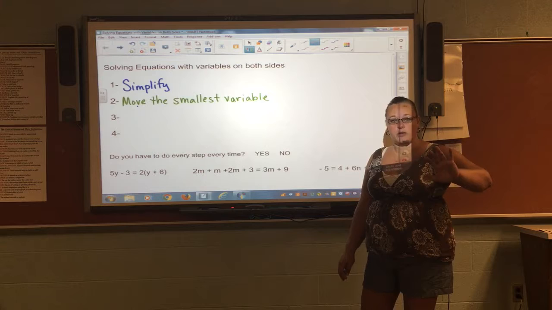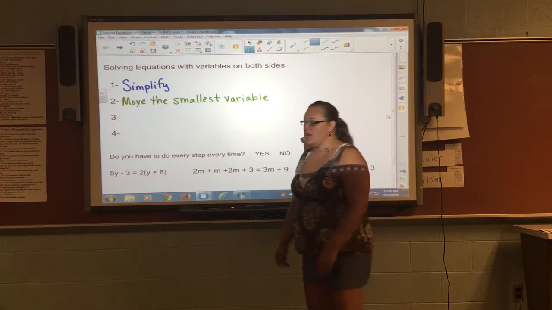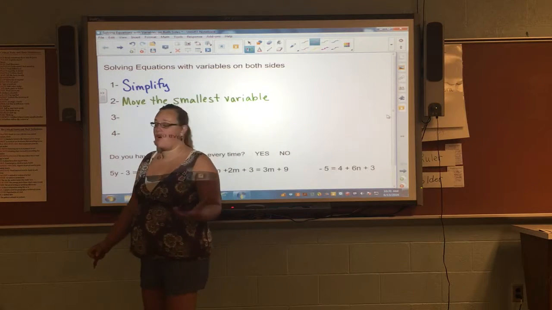Once we have all of our variables on one side, the third step is to get rid of the plain number or the constant term.